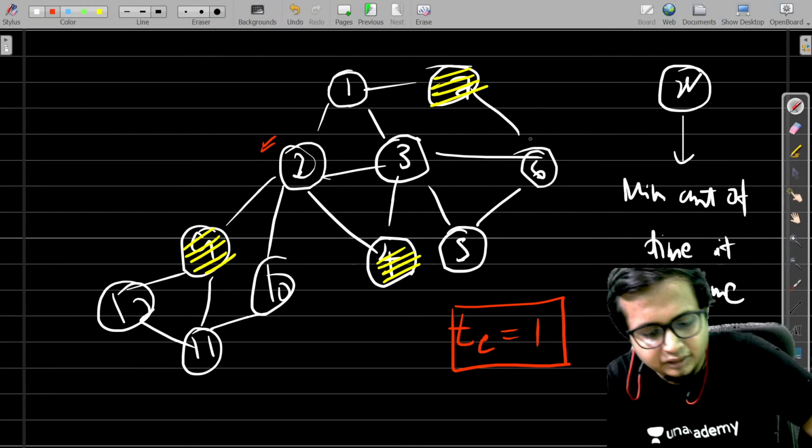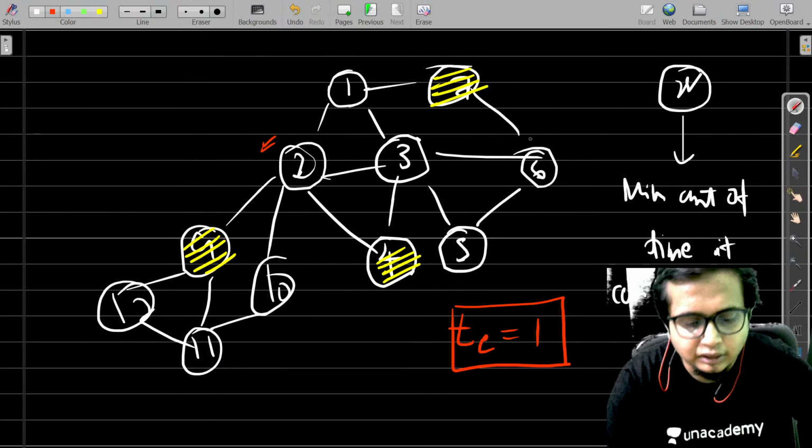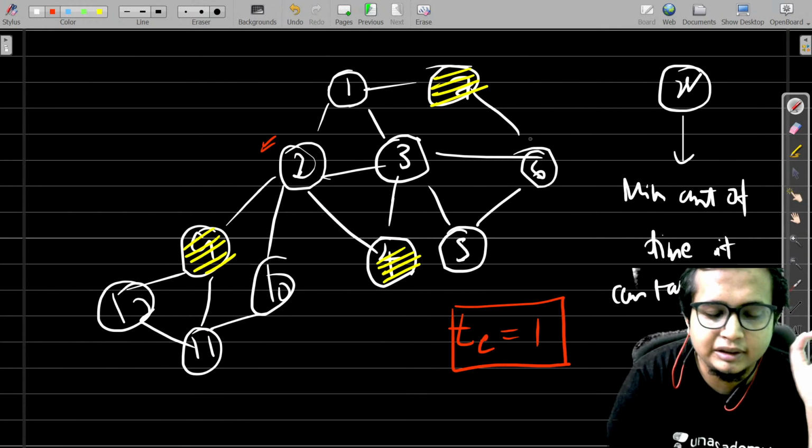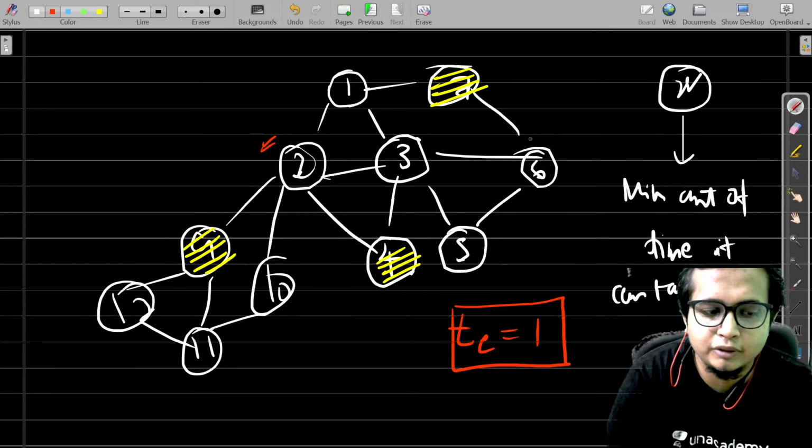Okay, so I think Kushal is on the right track. But Sandeep, your solution would actually run in time complexity O of n into the number of pizza centers.